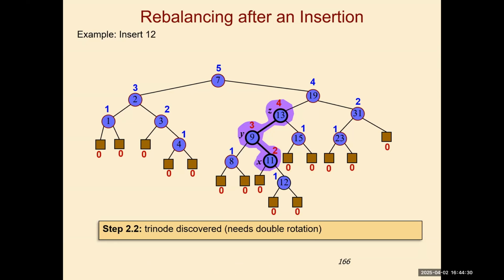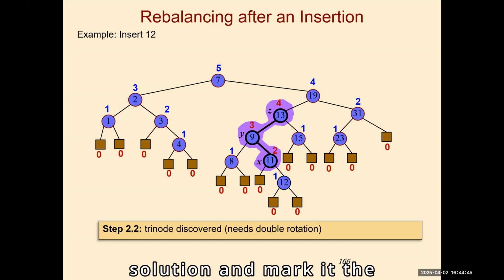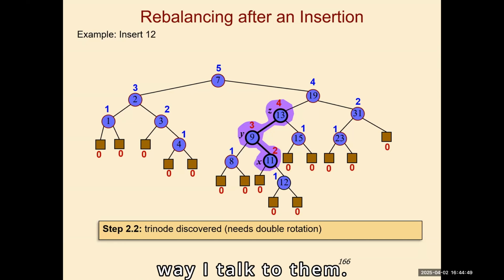But the TAs are going to be split. So the TAs who are marking ours, I'm going to have my own marking solution. So they're going to read my marking solution and mark it the way I talk to them. Good? Yep.